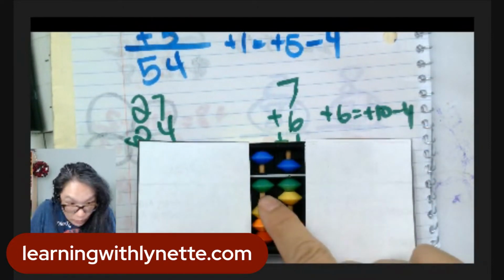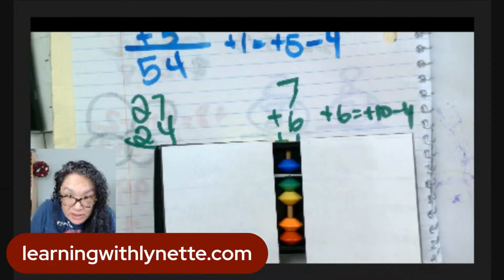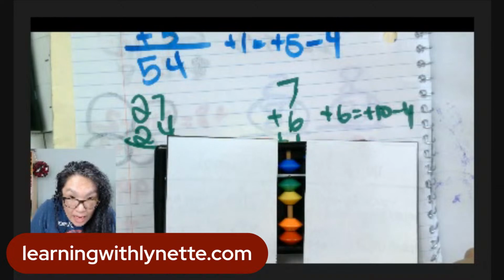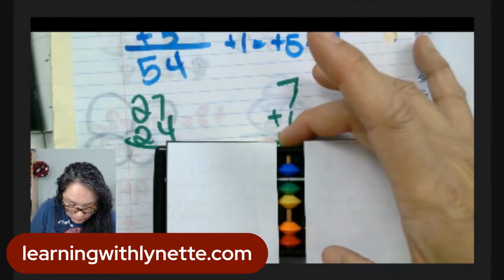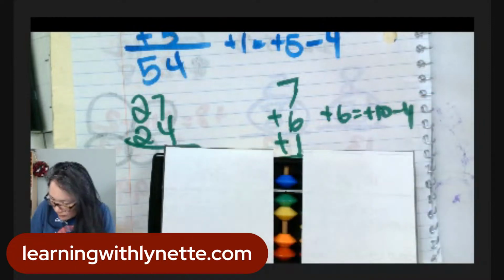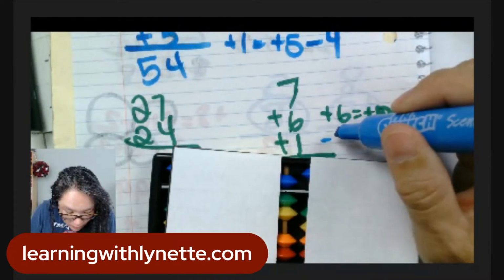10 is a 0 and a 1. Now what I want to do is minus the 4. How do we minus the 4?